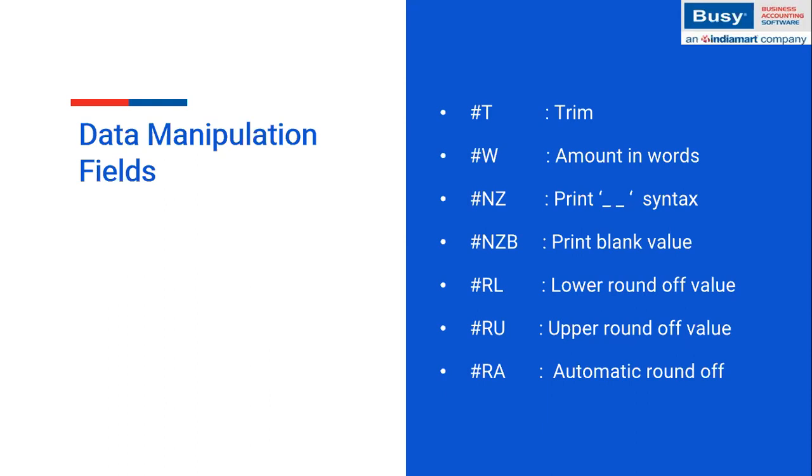So if the value is 19.49, it will print 19. If the invoice value is 19.88, it will print 20.